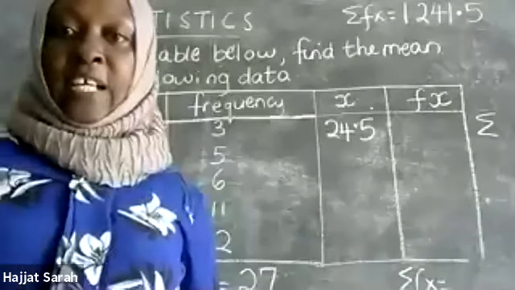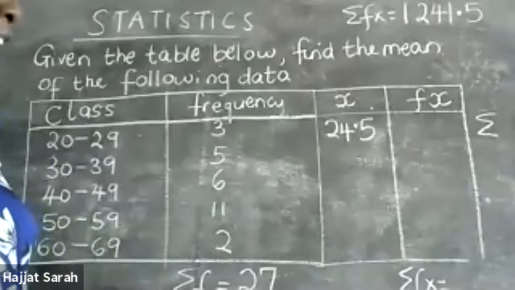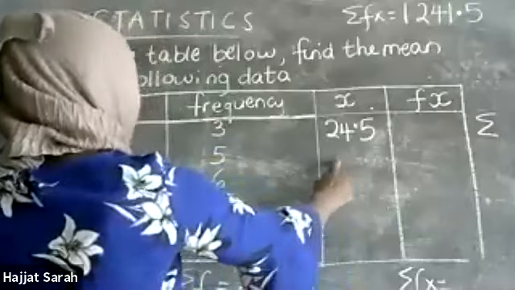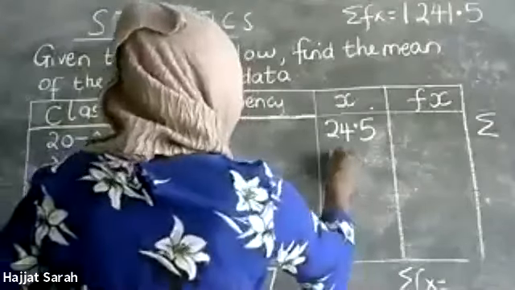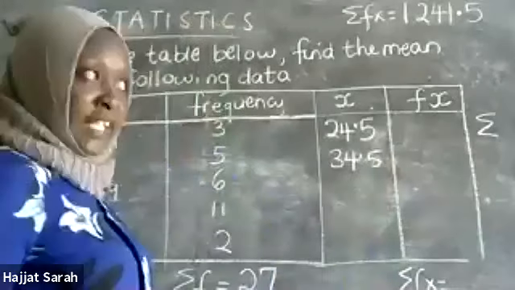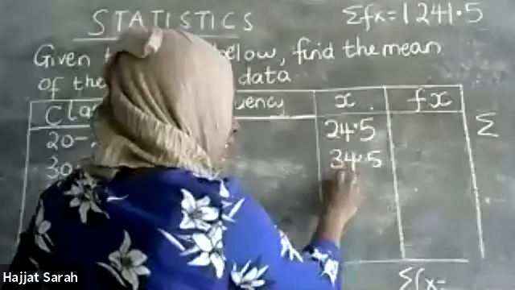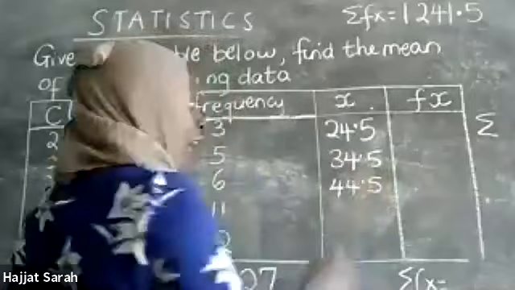That means that you got a problem in your x. Can we go through x? What would be the next figure here? Second class, what is our x? 34.5. Do you realize that if this is 24.5 and this is 34.5, automatically the next one will be 44.5, and you don't even have to work that out.